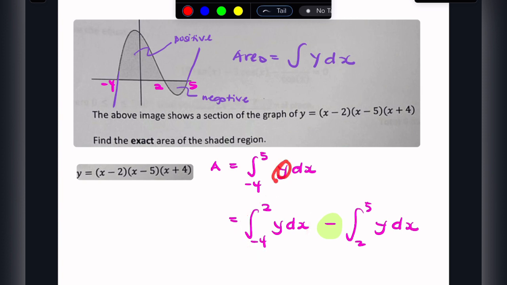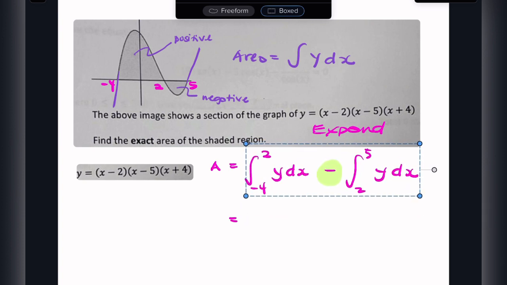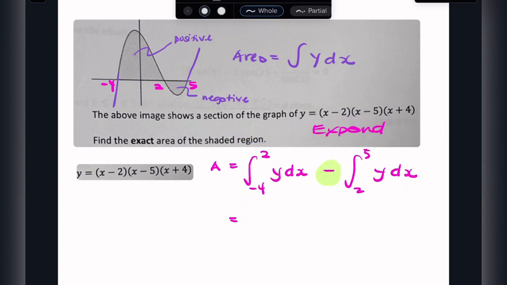So let's find out what y is. You can't integrate that. It's going to be difficult. So we're going to expand the brackets. So we're going to multiply out the brackets. So first of all, I can replace this with that because this is what we've agreed the area will be. And now I'm going to try to find y.